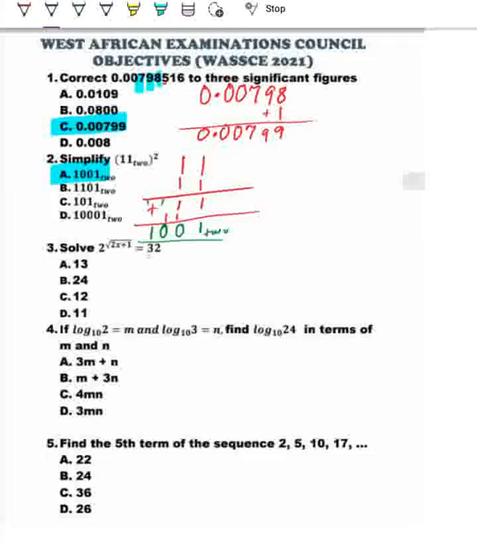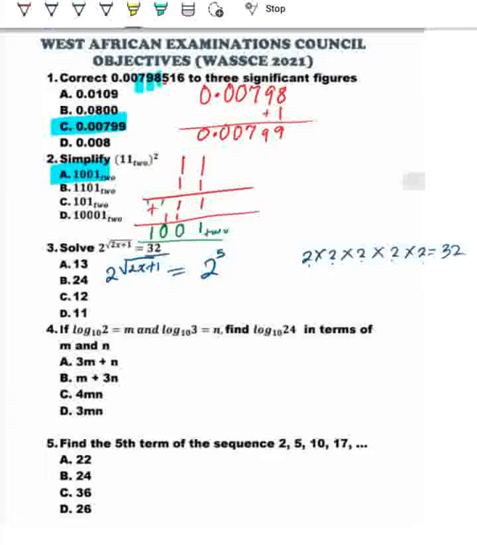We express this in index form, and we have 2 raised to the power of root 2x plus 1 equal to 2 raised to the power of 5, because 2 times 2 times 2 times 2 times 2 is equal to 32.